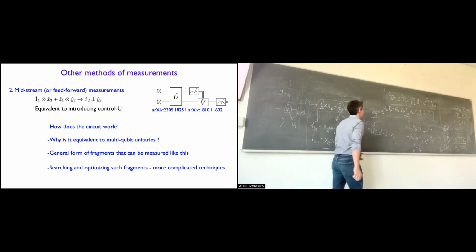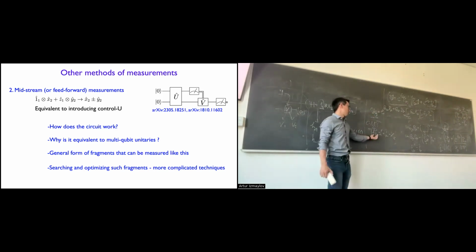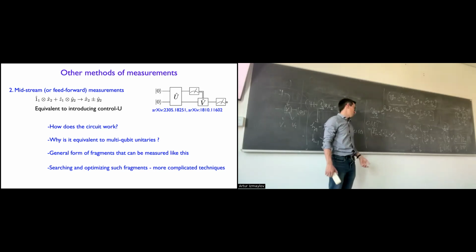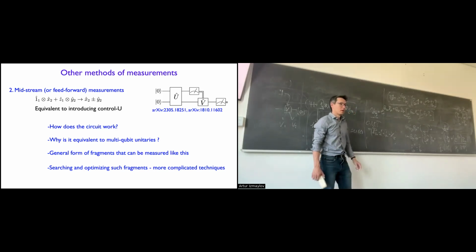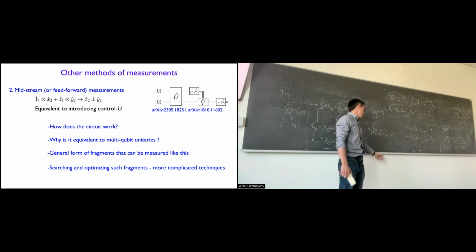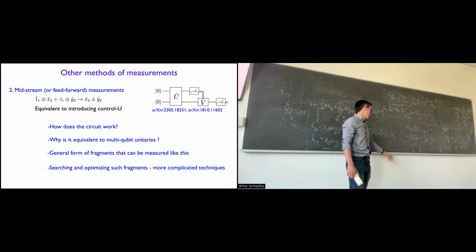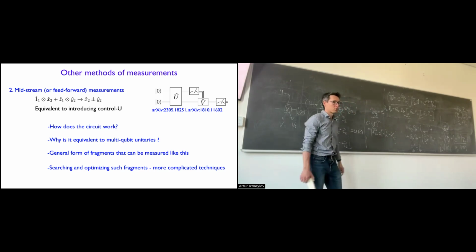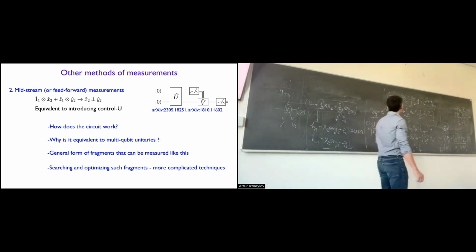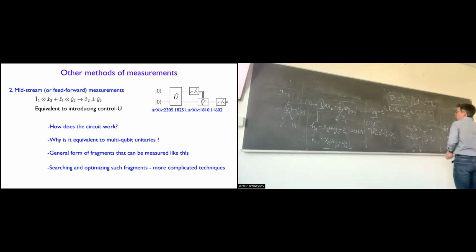That was C naught, where we check the first qubit. If it's a +1, we don't do anything. If it's a -1, then we do the flip of the second qubit, right? So similar story here.